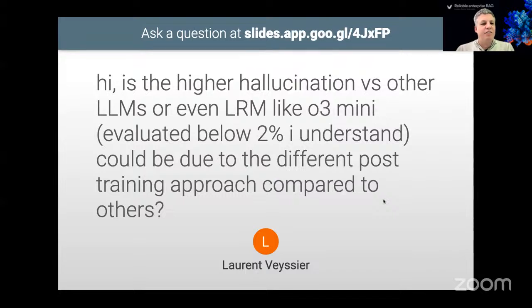Is the high hallucination rate versus other LLMs or even LRMs like O3 Mini due to a different post-training approach compared to others? So I don't think that it's related to post-training. You're asking me whether OpenAI trained differently when they trained the reasoning steps? We don't know how OpenAI trained. We do know how DeepSeek R1 was trained, given the paper they published.